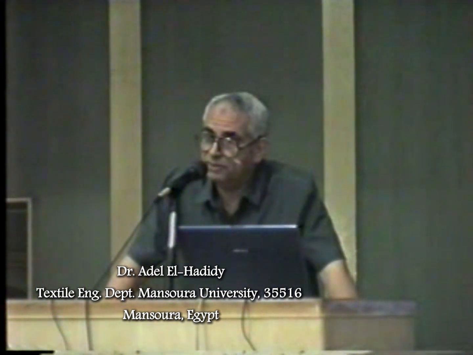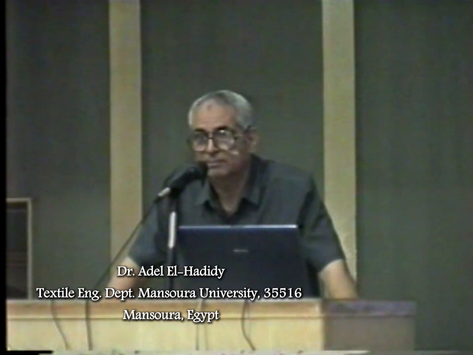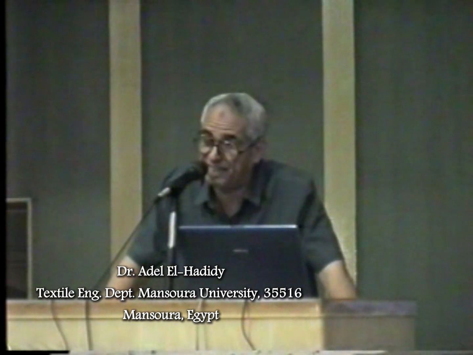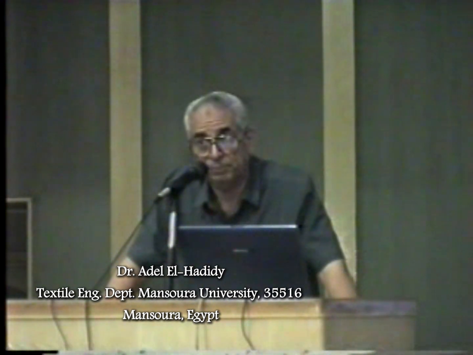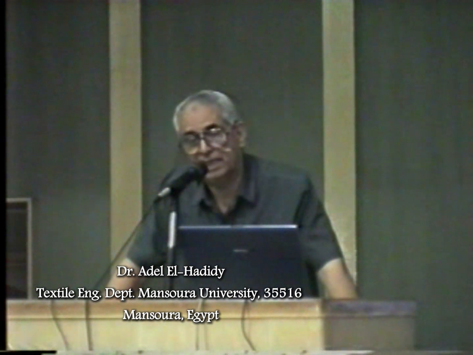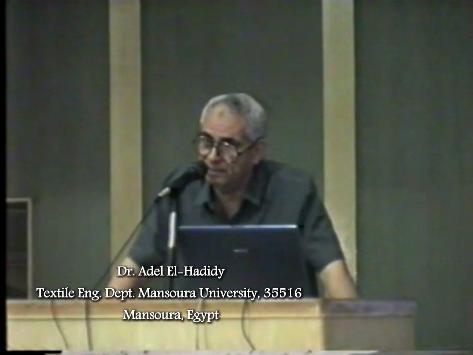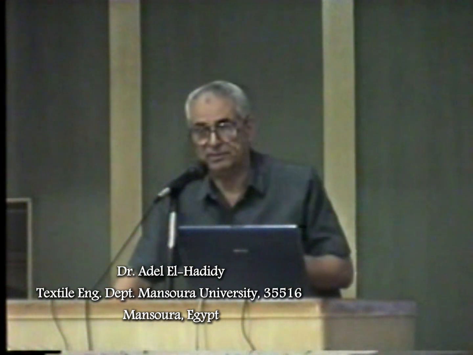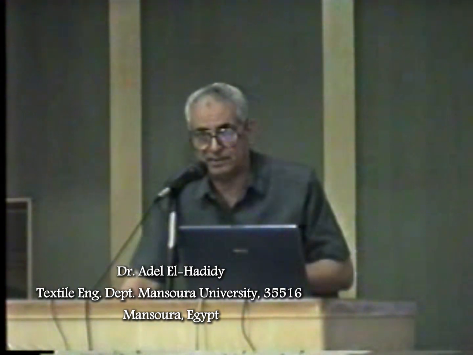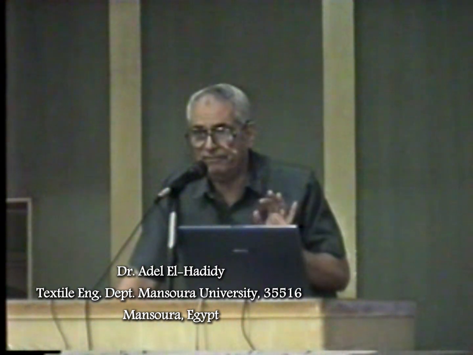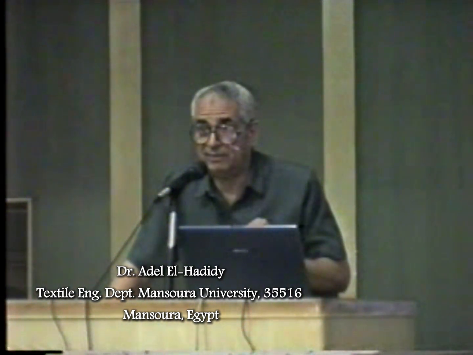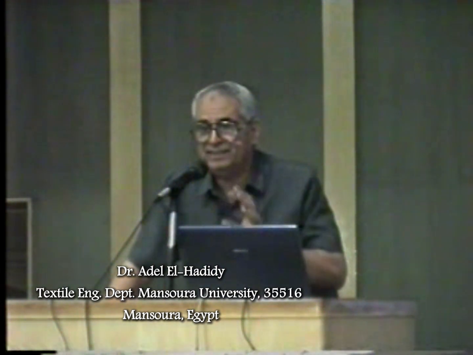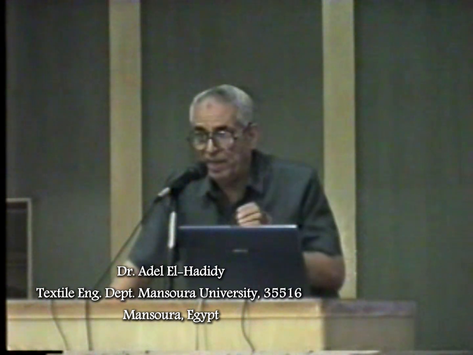Some properties change from time to time by increasing, while some other properties in the same type of cotton improve. Some increase and some decrease. So we need a mathematical method to give us only one figure. This figure can represent all the properties in one figure.